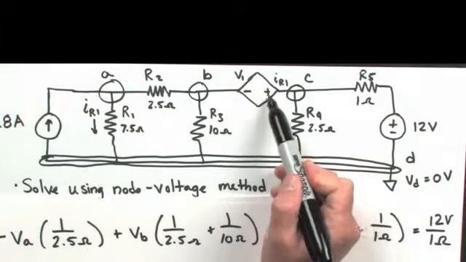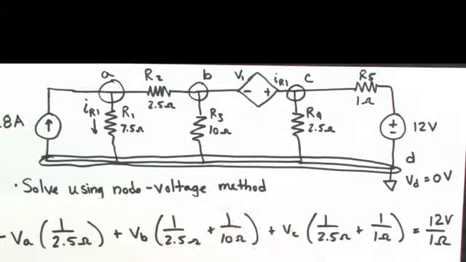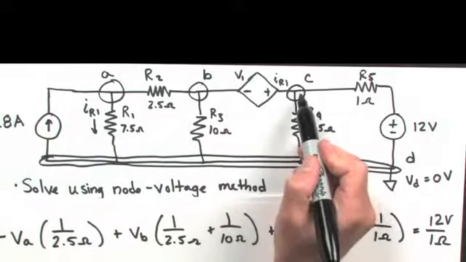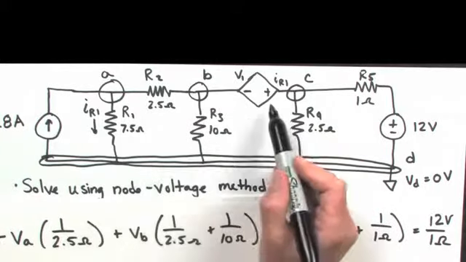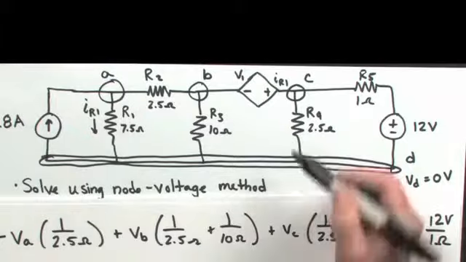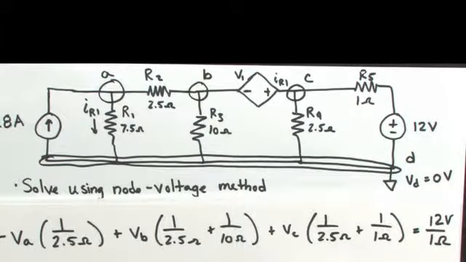Since this is the positive side of the voltage supply, we know that the voltage at node C is going to be higher. So the potential difference between node C and node B is going to be that of the power supply. So VC minus the potential at node B is going to be equal to 1 volt per 1 amp, that's the gain factor of the power supply, multiplied by the current through R1.